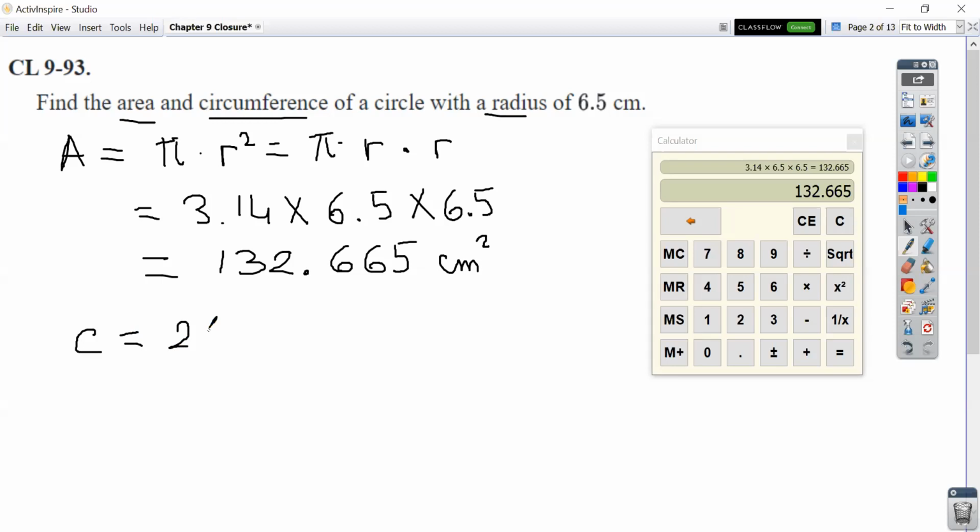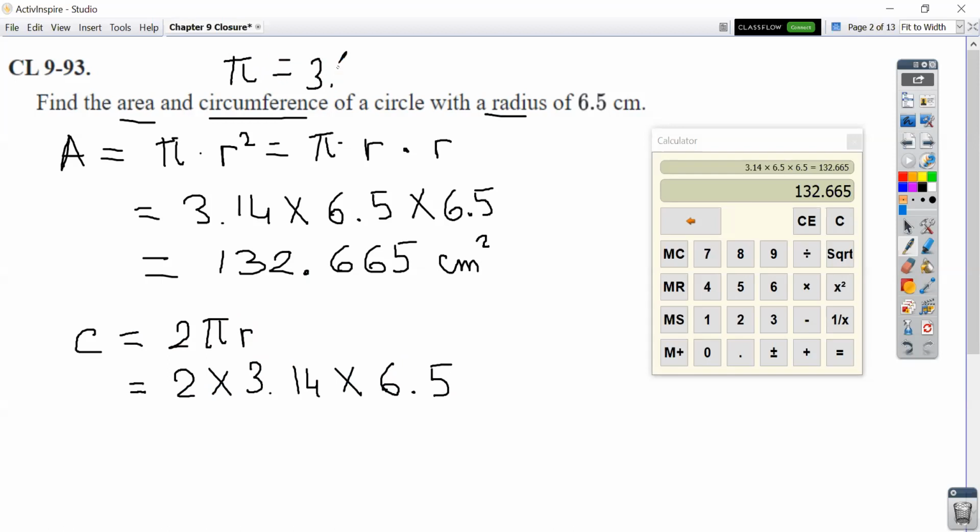Formula is C equal to 2 times pi times radius. It's the same thing as 2 times 3.14 times the radius, which is 6.5. Okay, I use pi as 3.14.